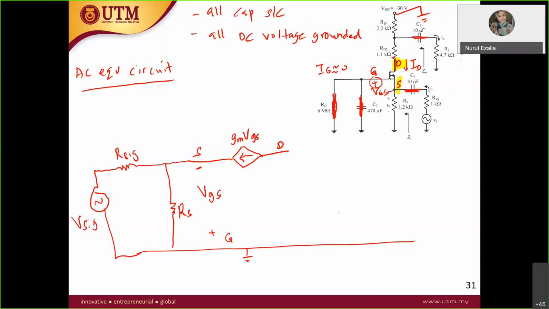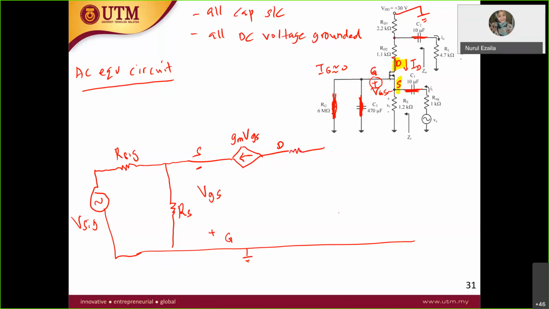This RD2 goes to this node, and then this node goes to RD1, and then RD1 goes to RL.